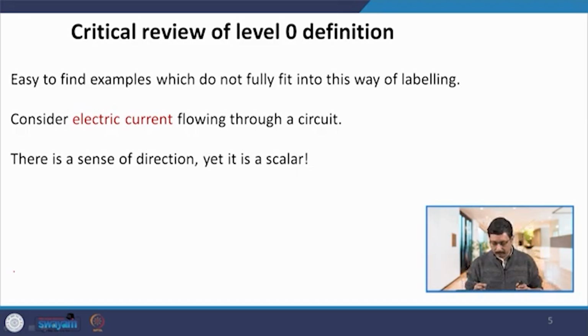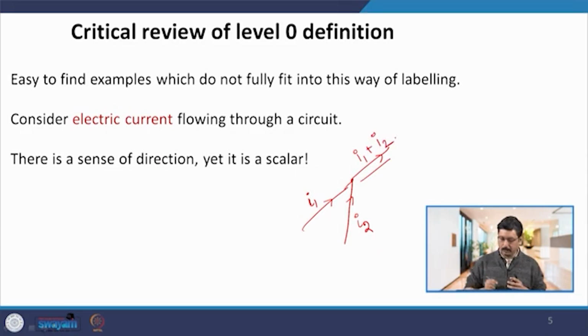Let us say I draw a part of a circuit, and this is a piece of wire with some current I1 and another piece of wire in which some current I2 is flowing, and these are joined at this point. In the next part of this circuit, if I ask what is the total current flowing, then the answer is I1 plus I2.